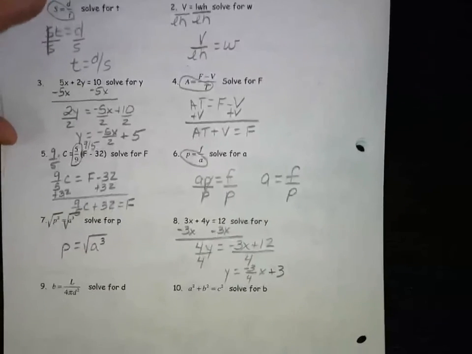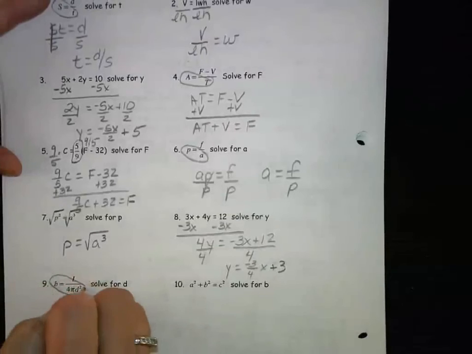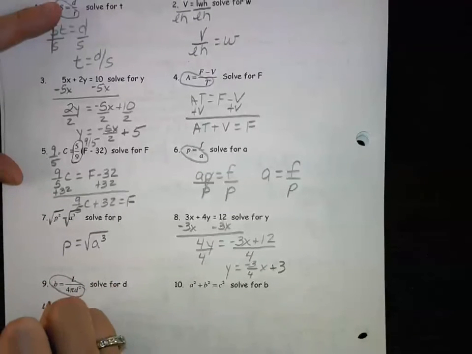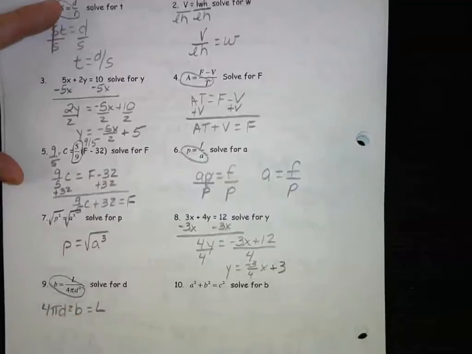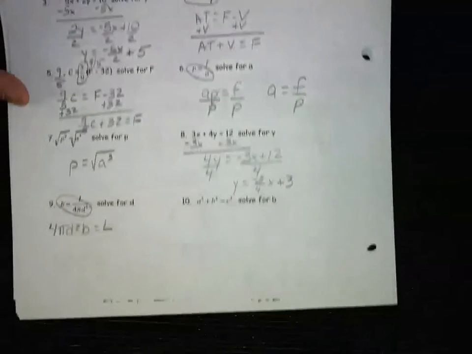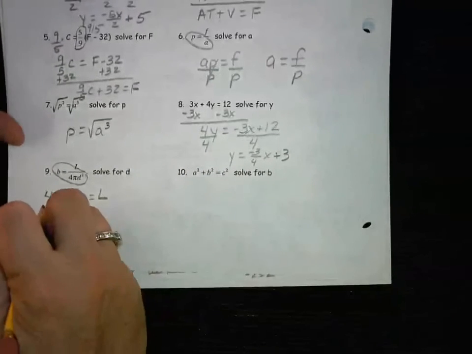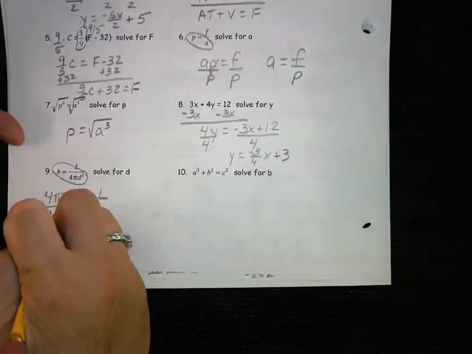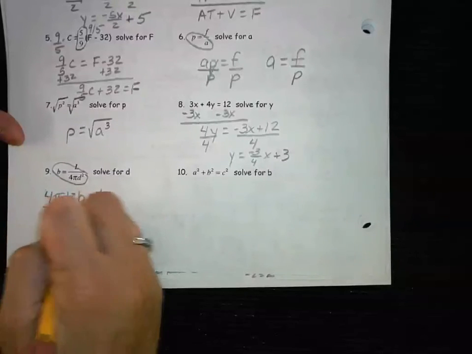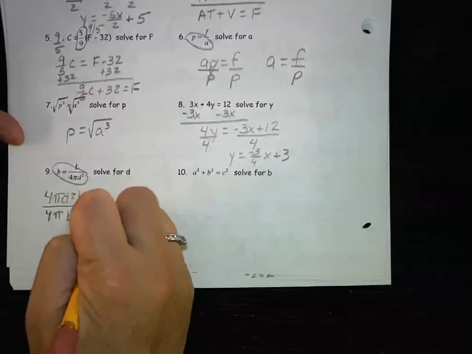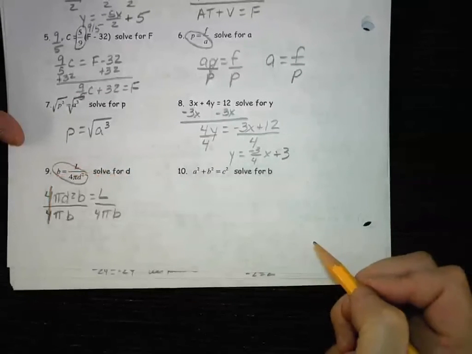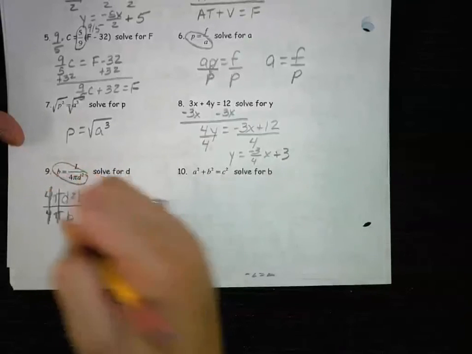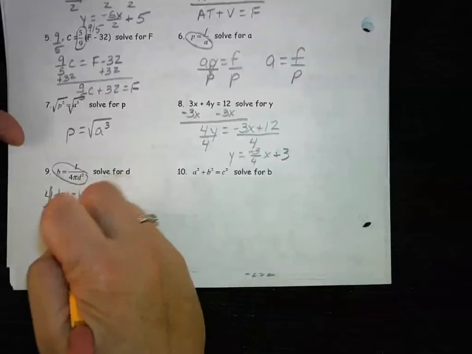Number 9, this is going to take a couple steps. First, I'm going to cross multiply, and I will have 4 pi d squared b equals L. So I cross multiplied, and now I'm going to divide both sides by 4 pi b. And if I do that, the 4's cancel out, pi's cancel out, and the b's cancel out.